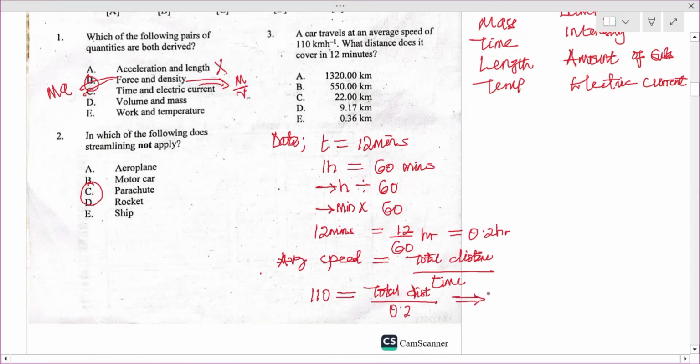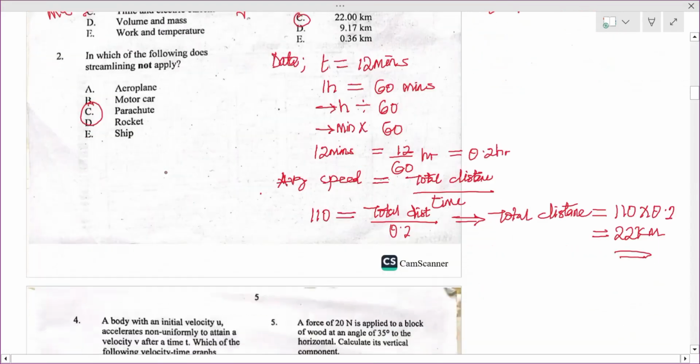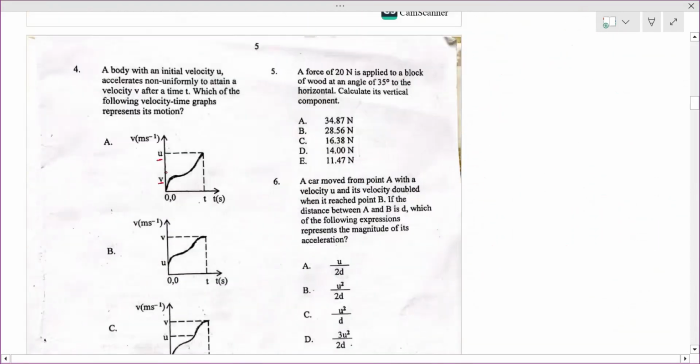When you cross multiply, distance is equal to the average speed 110 multiplied by 0.2, which gives us 22 kilometers. So that is option C. Are we together? Okay, moving on, we have question 4.